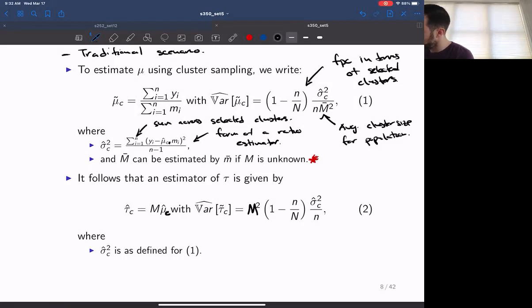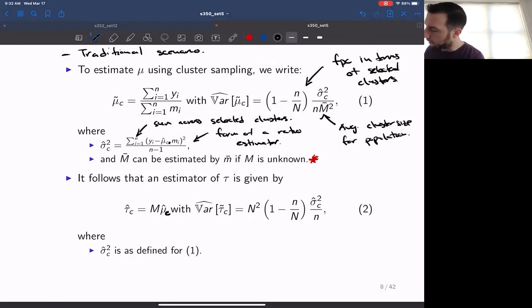Wait, sorry, one sec. So this would be m squared over n squared. Oh, no, this is supposed to be an n. Yeah, that makes sense, because you have m bar squared here, so that would be m over capital M. So the capital M's would cancel out, and then you have the n squared.